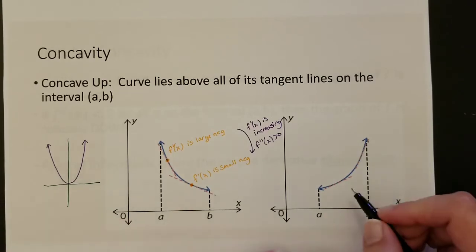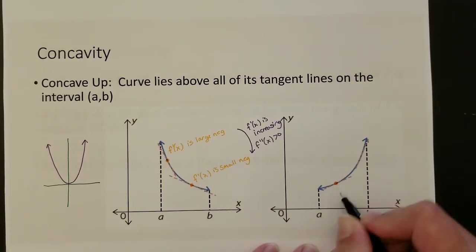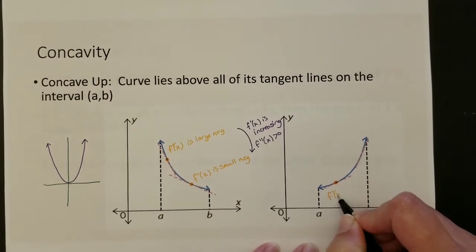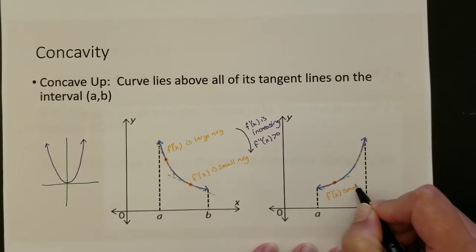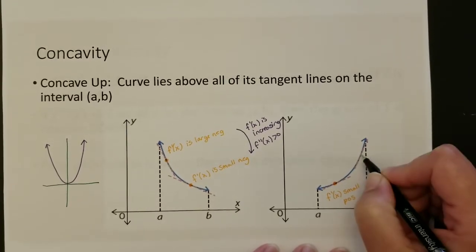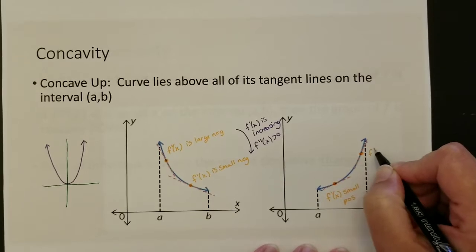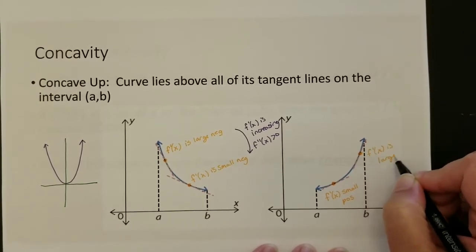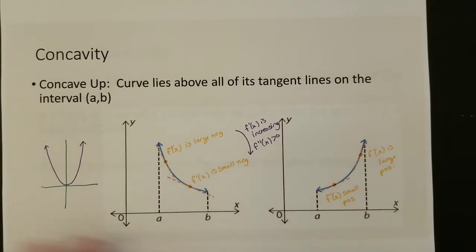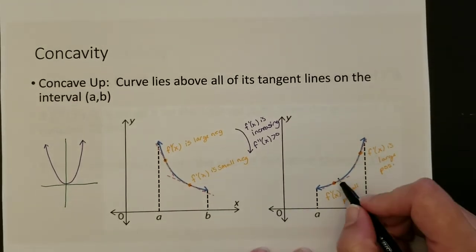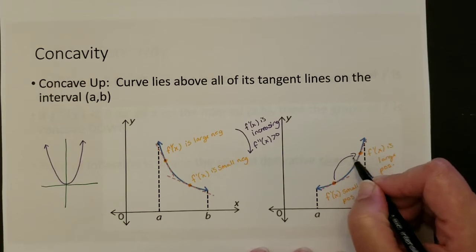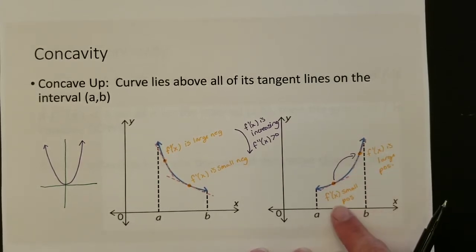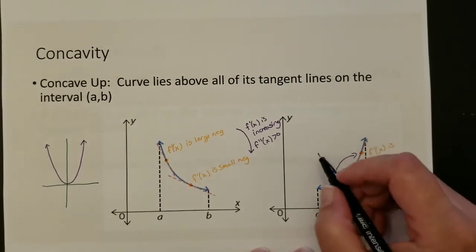And here, kind of the opposite, this slope here is small positive, and here the first derivative is large positive. So what's the rate of change of the derivative? How is the derivative changing? It's going from a small positive to a large positive.